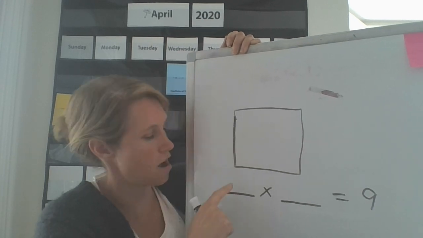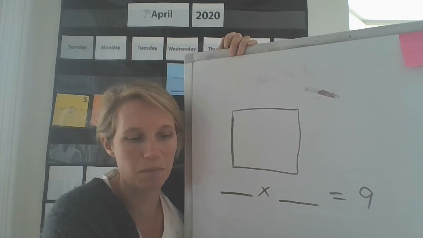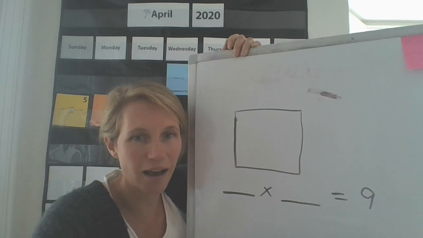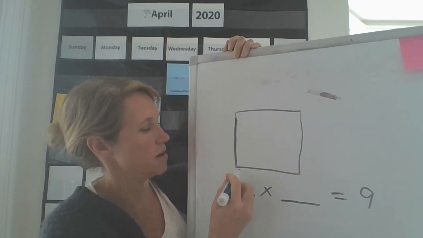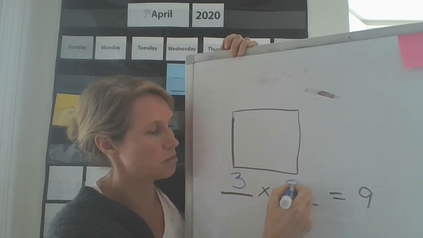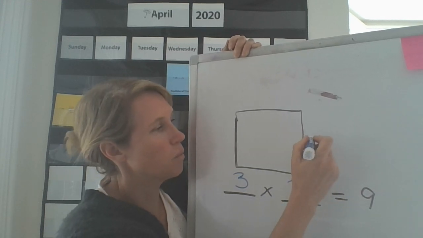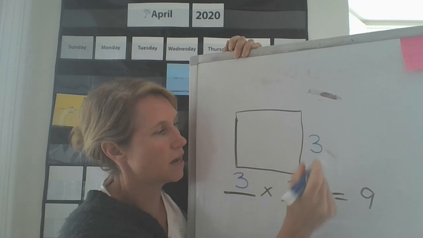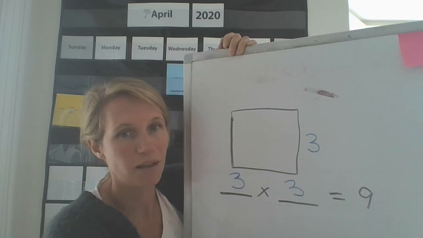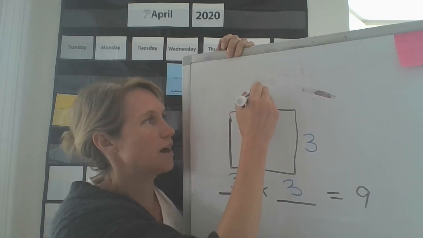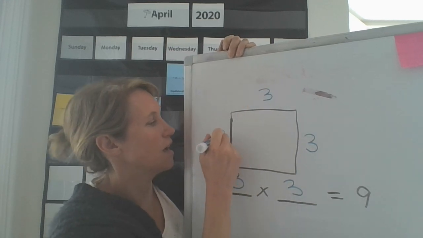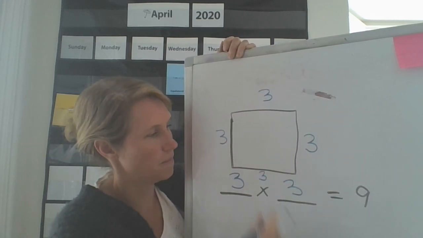And because it's a square, I know that it has to be the same number. Well, I know that 3 times 3 equals 9, which means that one length of the square, one side needs to be 3, which means that all of the sides need to have a length of 3.